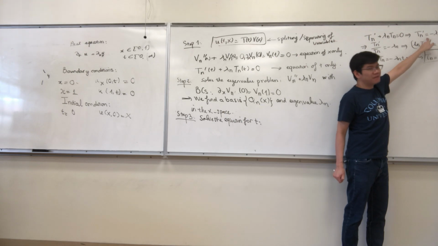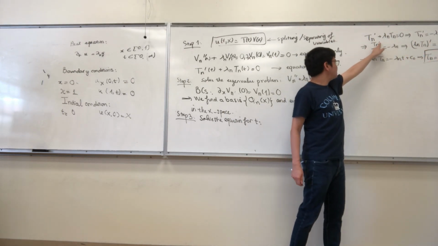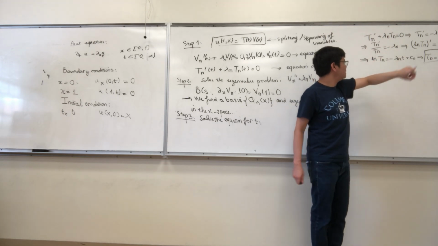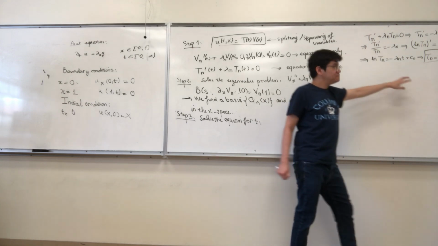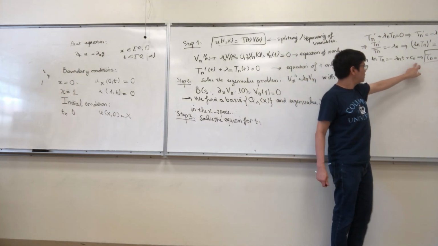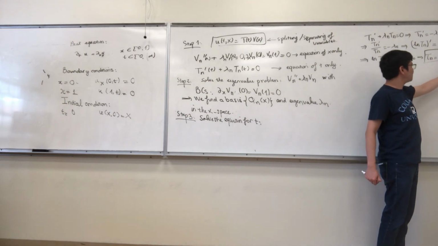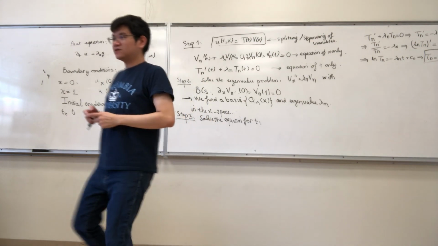So Tn prime is minus lambda n Tn. So you divide both sides. You have Tn prime over Tn is minus lambda n, which means that log Tn is minus lambda n t plus C0. So Tn has to be e to the power minus lambda n t. There's a constant here, but I just throw it away, right?